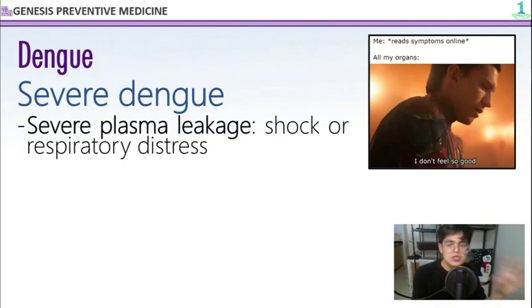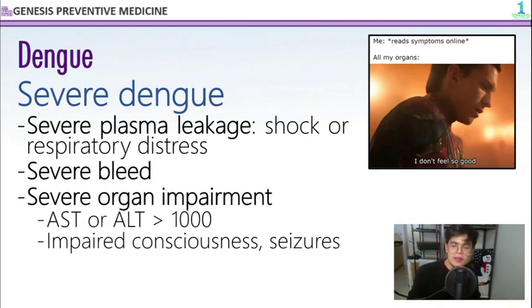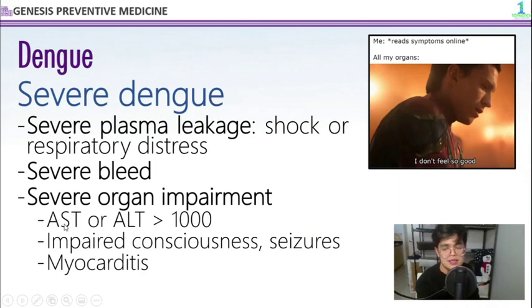In contrast to just dengue with warning signs, severe dengue involves any of the following. So there, severe plasma leakage manifesting as shock or respiratory distress, severe bleed, or severe organ impairment, qualifying that as AST or ALT, liver function tests above 1,000, impaired consciousness, and seizures, and myocarditis, and renal failure.